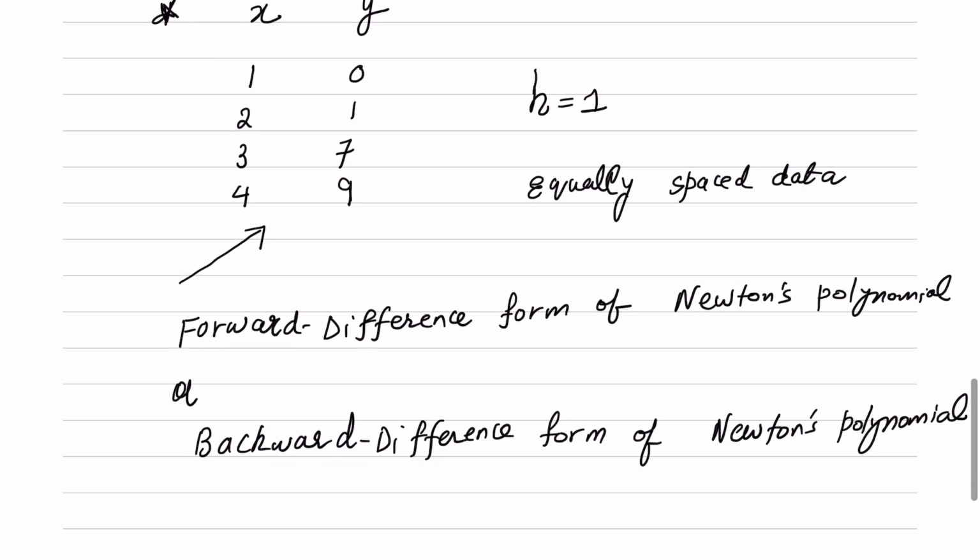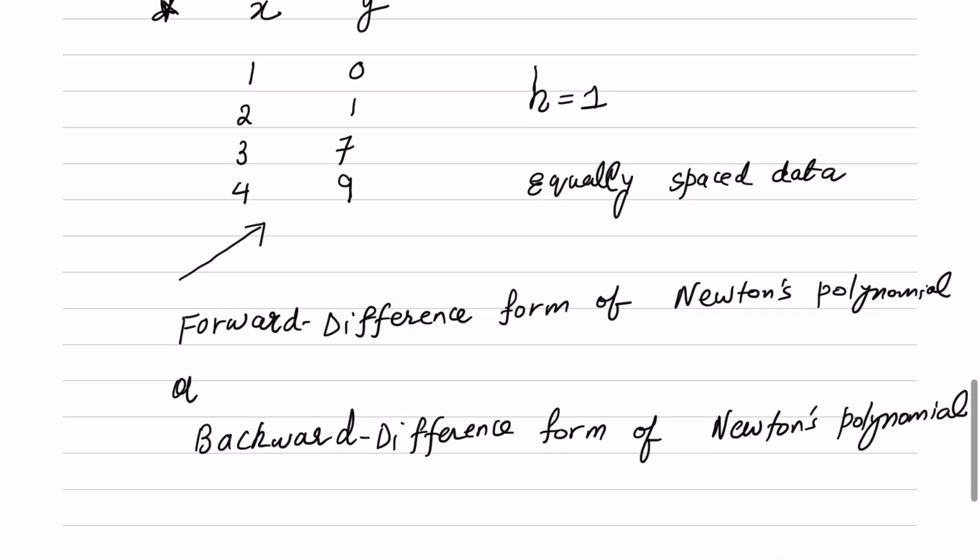If your data is equally spaced and you have to write a polynomial for this data, then you use either the forward difference form of Newton's polynomial or the backward difference form of Newton's polynomial. We will talk further about this in the next video.